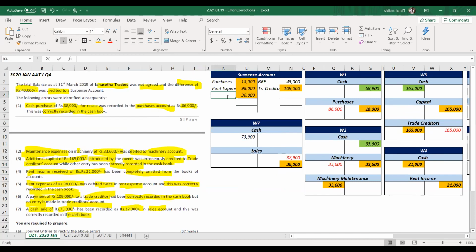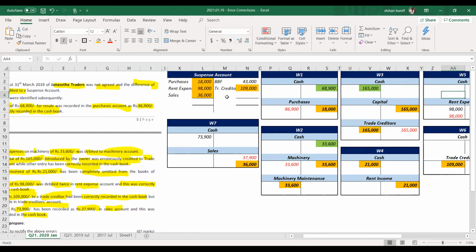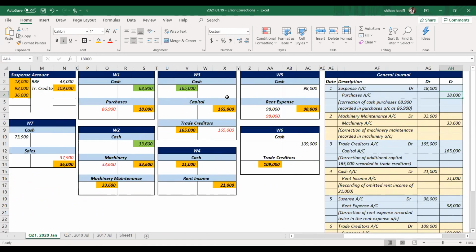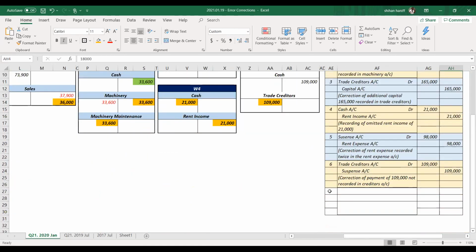Correction entry. Suspense account debit, sales account credit 36,000. General journal number 7.